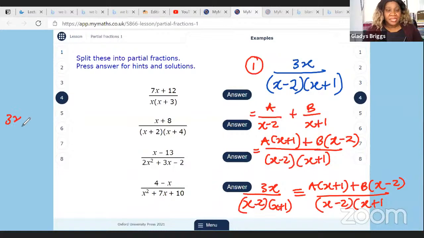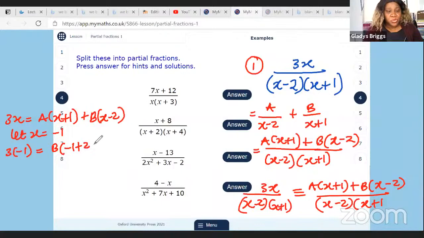So 3x is equal to a times x plus 1 plus b times x minus 2. How can I get rid of a? Let x be equal to -1. Then 3 times -1 is equal to, a is going to go off, b times -1 minus 2.